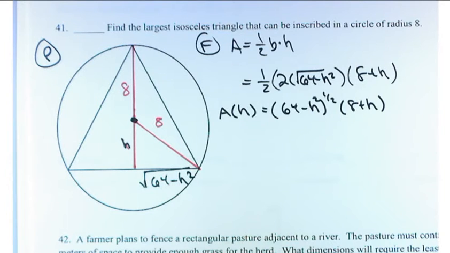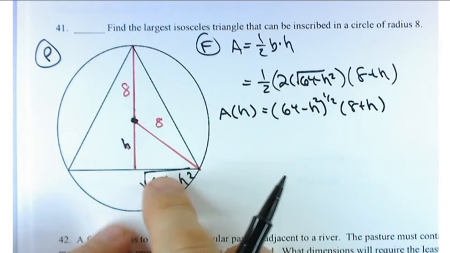Nice. So I have my function, and it depends on one variable. It depends on h. One important thing that you need to keep in mind about this is h can't just take on any value. There's only certain values of h that'll make sense. What's the limit for h? Yeah, it can't be any bigger than 8, right?